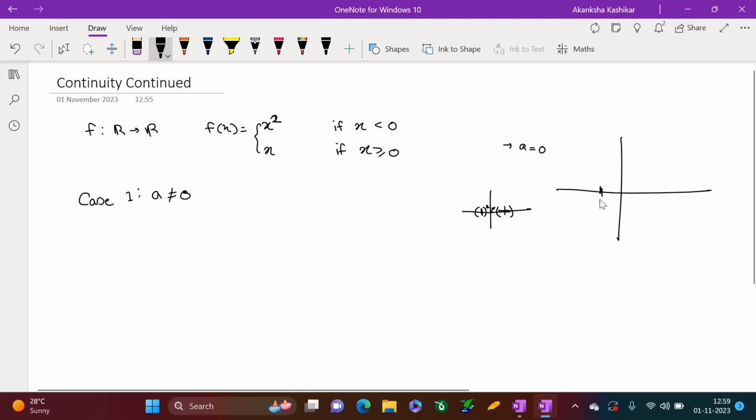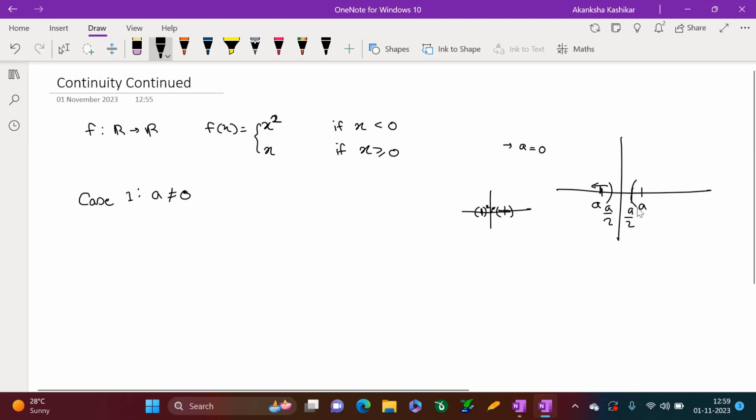If a is here, how can we guarantee that the neighborhood stays on one side? One option is, we know if a is negative, then a by 2 is also negative, and it is here, correct? So we will choose delta in such a way that the neighborhood always stays to the left of a by 2. On the other hand, if a is here, then a by 2 is positive.